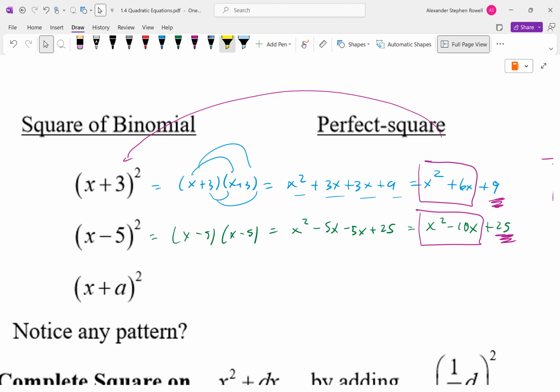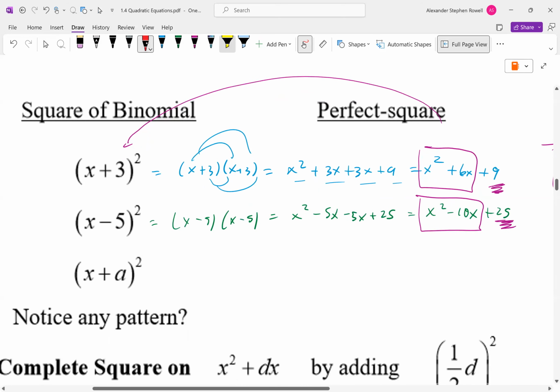6 divided by 2 is 3, and then what? Square it. Negative 10 divided by 2, negative 5, square it. 25. So that's our trick. Are we comfortable with that? Okay, so I'm going to take whatever this number is, and I want to multiply by 1/2, and then I want to square it.